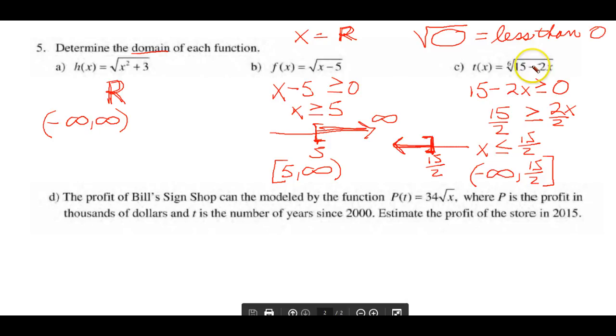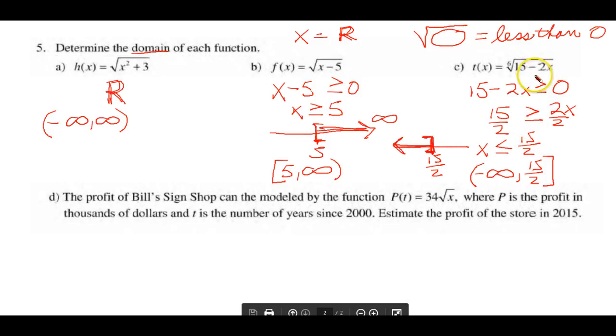Because of that negative sign here, a value of x that is positive, as these get bigger, will make what is under the radical sign negative. And it goes up to 7.5. So that's why that is true.